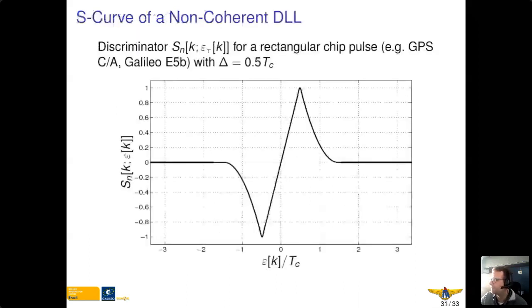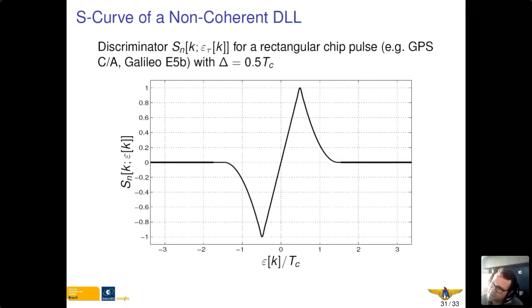We can further visualize again the loop S curve for a non-coherent DLL, and this is given for a GPS CA code signal or Galileo E5B signal. This is looking pretty much the same, with an early-late spacing of the DLL of 0.5 chips, and then we arrive at this loop S curve versus the tracking delay error.